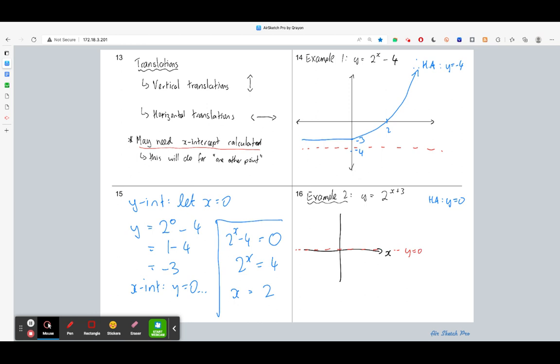I should be a good boy and label my axes. So there'll be no x-intercepts. I now need to work out what the graph will be in terms of growth, and I can see from this that the value is 2, which means it's going to be a growth graph, not a decay graph. If it was a half or something like that, I'd know it was a decay graph. So now I can draw my graph in.